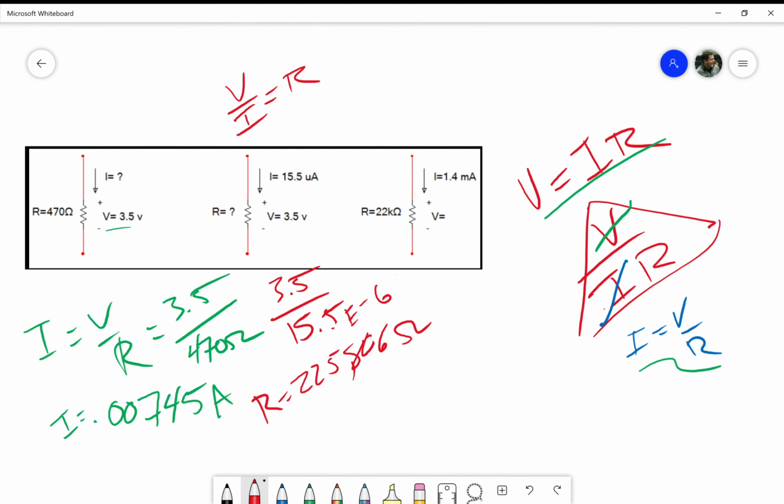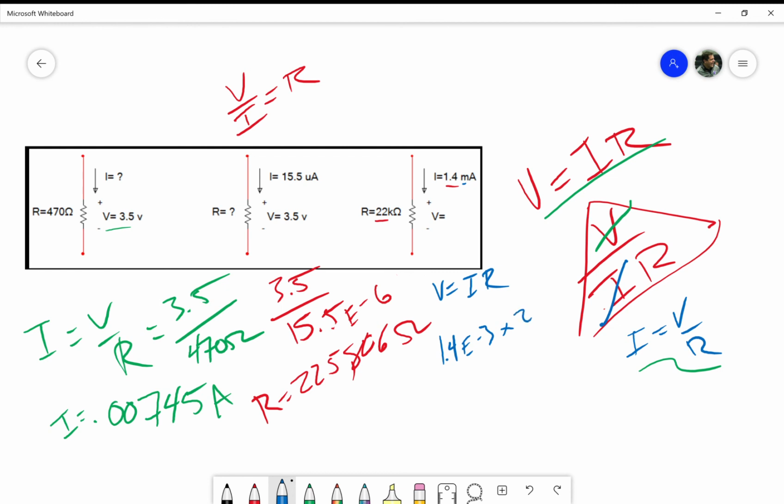All right, finally we have resistance and current, and in this case, we're going to multiply. So we have V equals IR, where our I is 1.4 milli, which is 10 to the negative 3. So we have 1.4 E negative 3, which is the same thing as times 10 to the negative 3, times 22 kilo ohms, which is going to be 22,000 ohms.